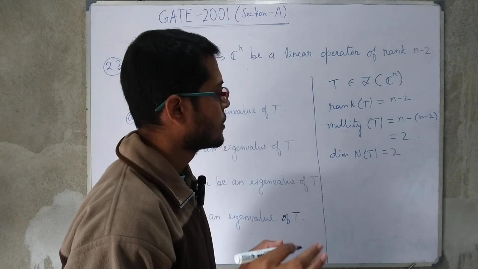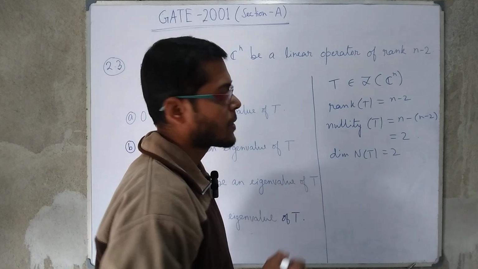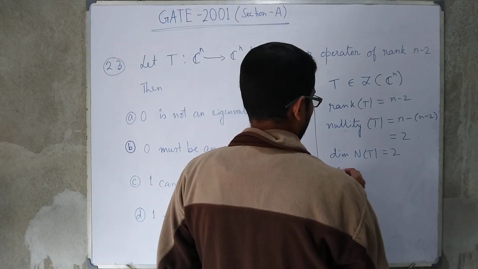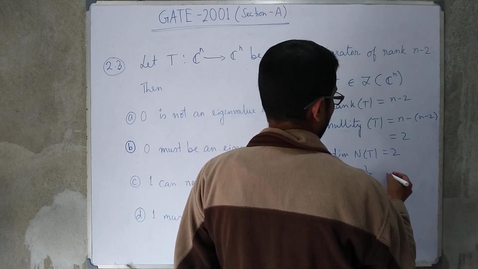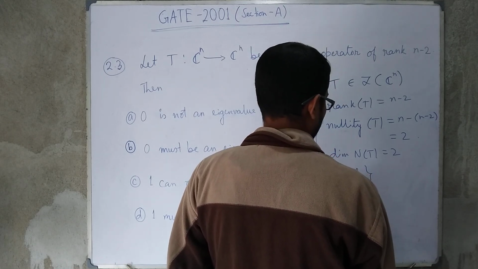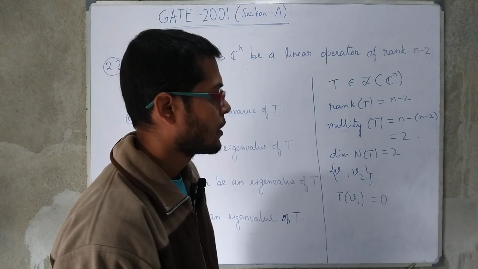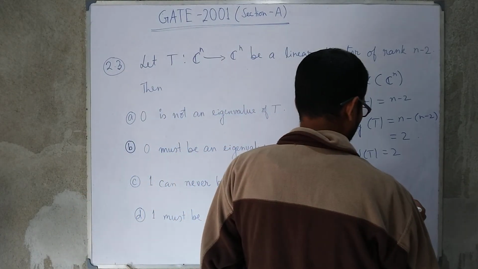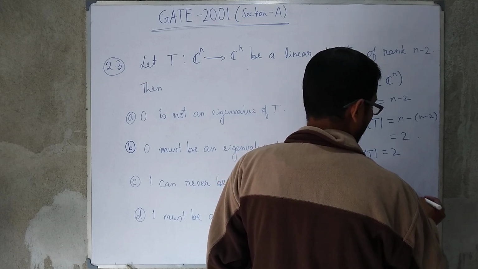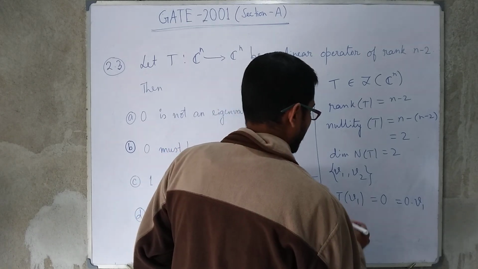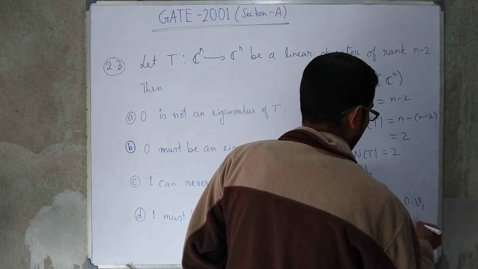So there are two linearly independent vectors in the null space of T. If you take V1 and V2 linearly independent, that is, a basis of the null space of T, then T V1 will be the zero vector, so you can write T V1 equals 0 times V1, where V1 is a non-zero vector.